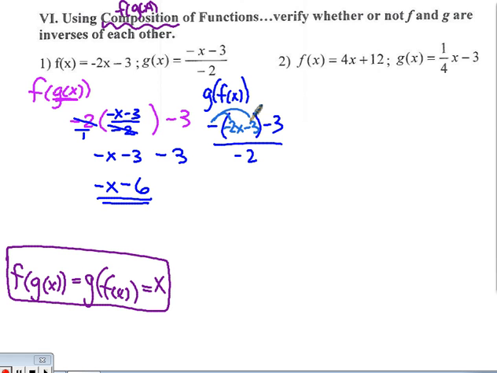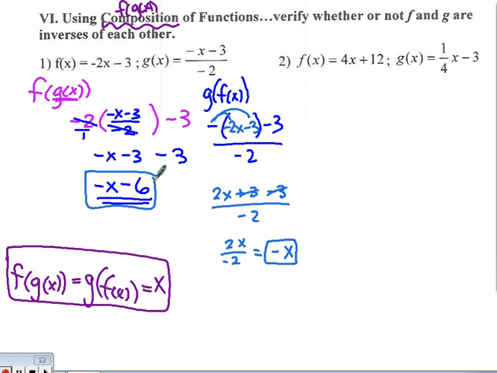So now the negative distributes, and we get positive 2x plus 3 minus 3 over negative 2. I see right here I can simplify. Those cross off. And we get 2x over negative 2, which is just a negative 1x. Is that x? No. So they both did not give me x. So that tells me f and g are not inverses.